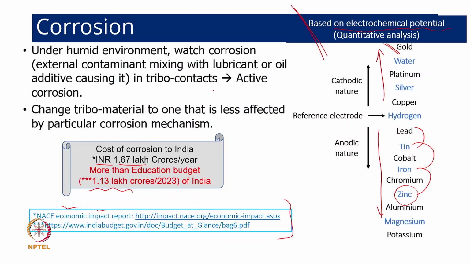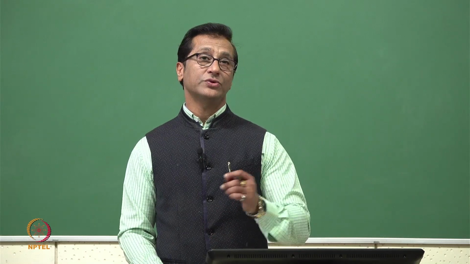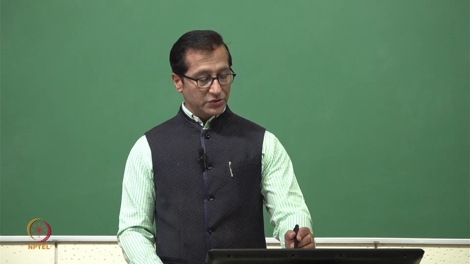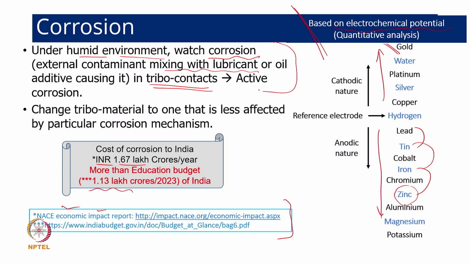Now coming to tribology, whatever the tribo-pairs, if they are subjected to a humid environment, we need to watch for corrosion. Sometimes the corrosive element gets mixed with the lubricant, and the lubricant carries those pollutants or contaminants to the tribo surfaces. So we need to keep checking those things, and sometimes the lubricant becomes more acidic in nature, with a pH level lower than 5.